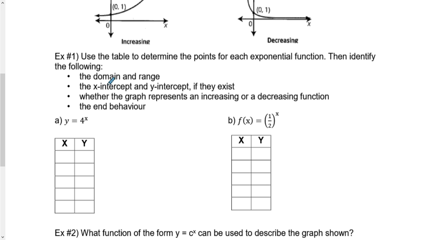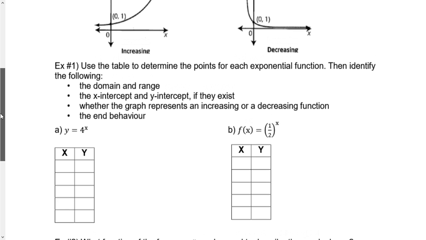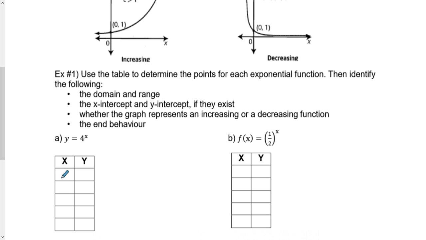We're going to do domain and range, x and y intercept if they exist, where the graph represents an increasing or decreasing function, and what the end behavior of the graph would be. So first off, we have the equation y equals 4 to the power of x. Now we could use any kind of value for x. Some really nice ones to start using are -2, -1, 0, 1, and 2.